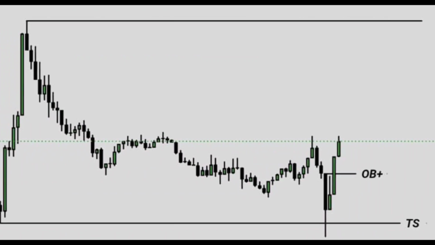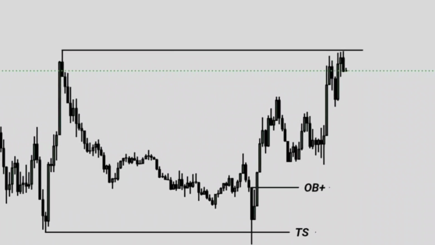So once this buy candle, this green candle, closes above it, I start looking for my entry, and that is what you see here. The candle closes above it, then I take my entry. You understand?